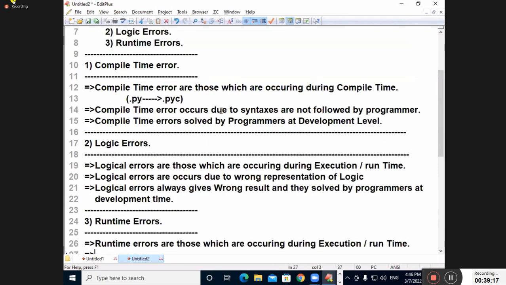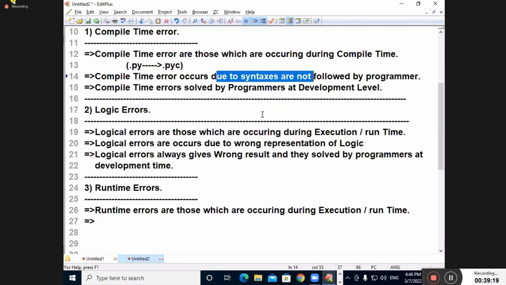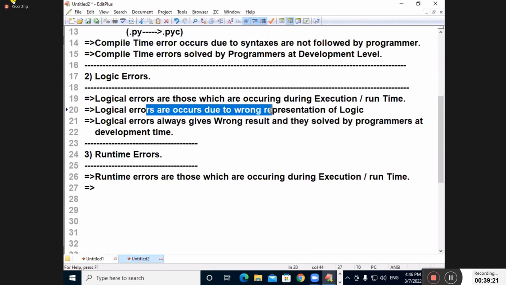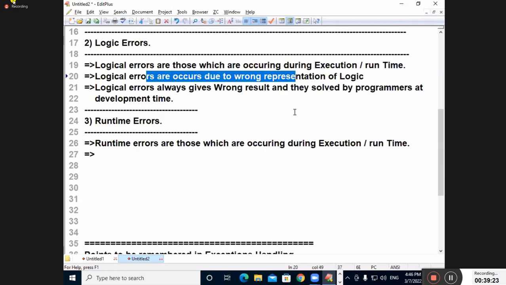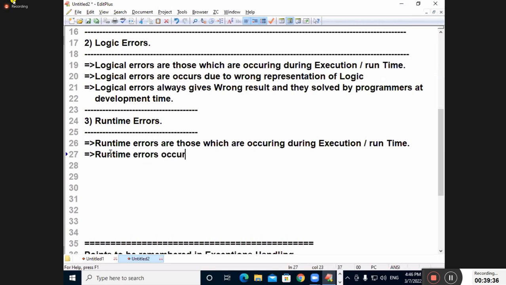Now, once again I will repeat. Compile time errors occur due to syntax not being followed. Logical errors occur due to wrong representation of logic. And runtime errors occur due to, yes, anybody?